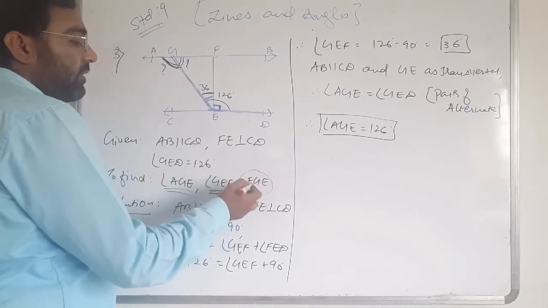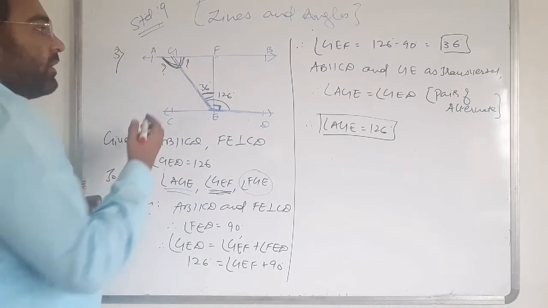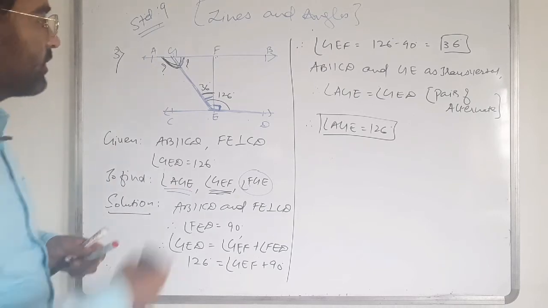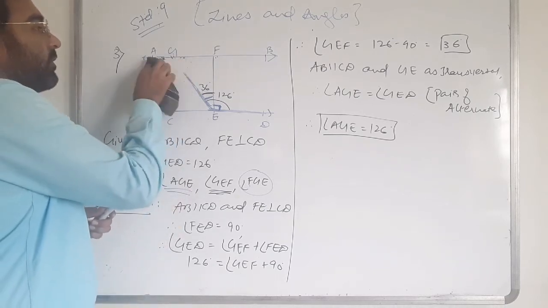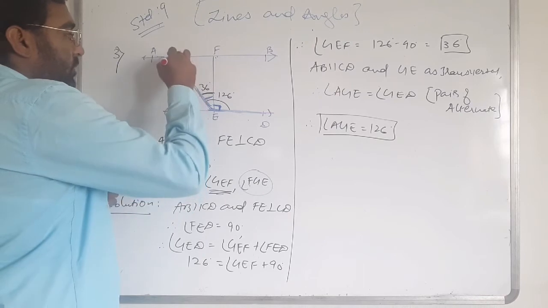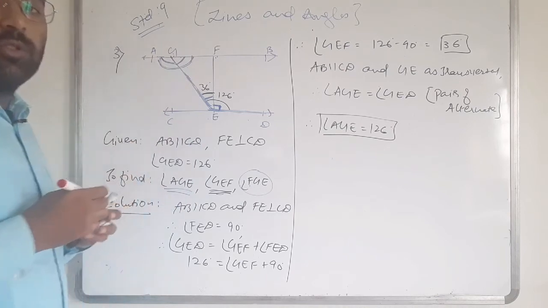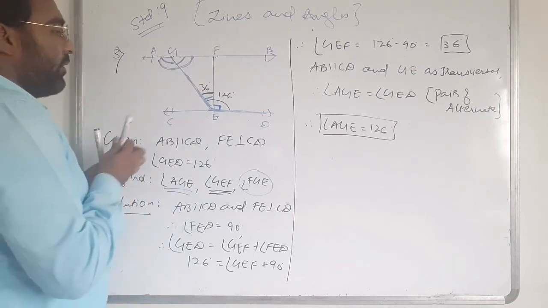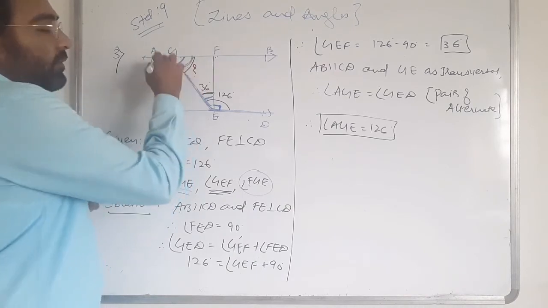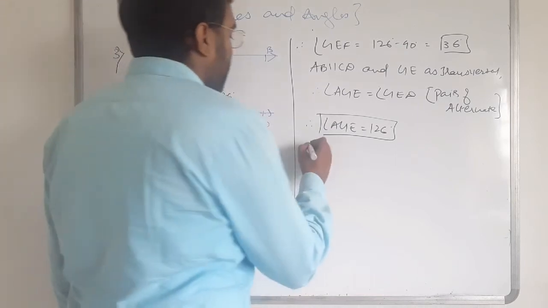Now we have to find the remaining angle FGE, this angle. These two angles form a linear pair. This angle and this angle form a linear pair. I know that AGE is 126, so we find this angle using the linear pair of angles.